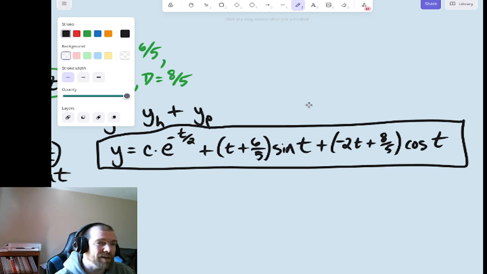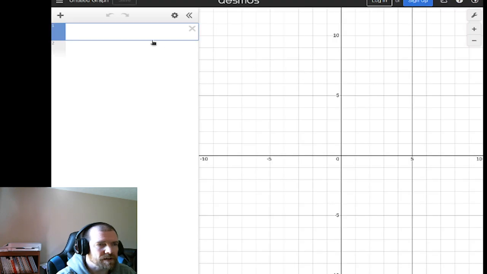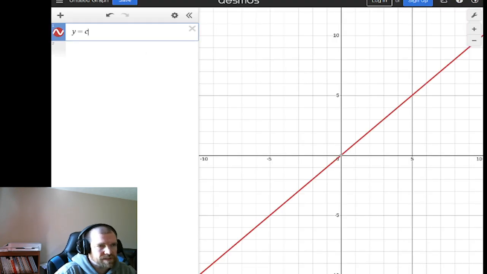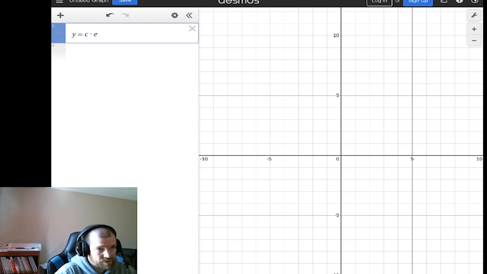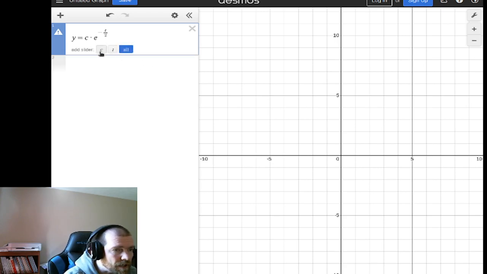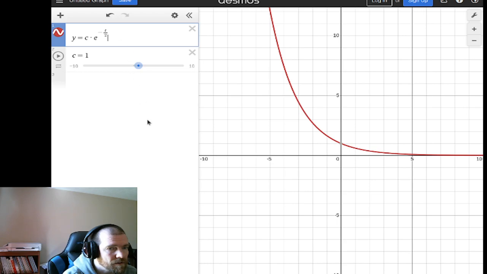And if you want to know what it looks like, we can also go over to Desmos and say, all right, if we have y equals, this is going to be c times e raised to the negative t over 2, we need a slider for c.